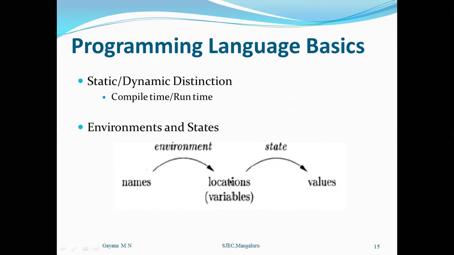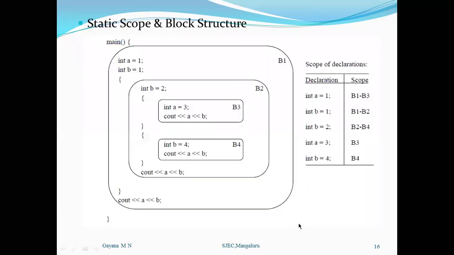Similarly, what is the value stored in this particular location, or what is the value assigned to this variable? There is another level of mapping, from location to value. It is called the state mapping. There was a little confusion initially about how exactly this could be dealt with, so these were also taken into consideration.